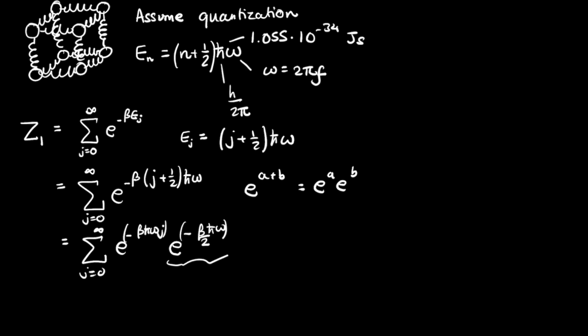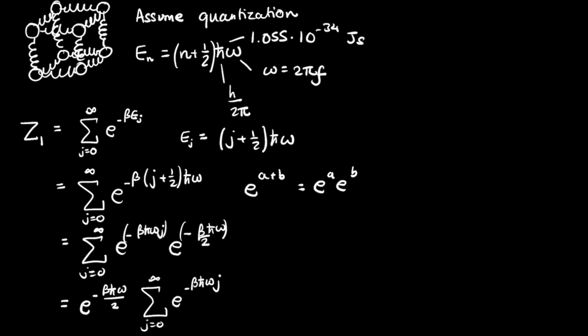Now you'll notice that this term does not have anything to do with j in it, so it's not actually being summed over, and hence it's more convenient to pull it outside the front, so we don't have to worry about it. So we've got e to the minus beta h bar omega divided by 2 multiplied by the sum from j equals 0 to infinity of e to the minus beta h bar omega j.